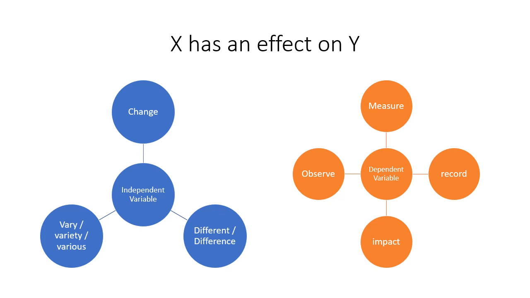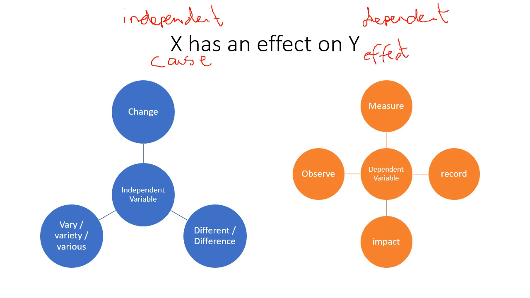If we see that X has an effect on Y, well, X will be the independent variable, and Y would be the dependent variable. You can think of X as being the cause and Y as being the effect.